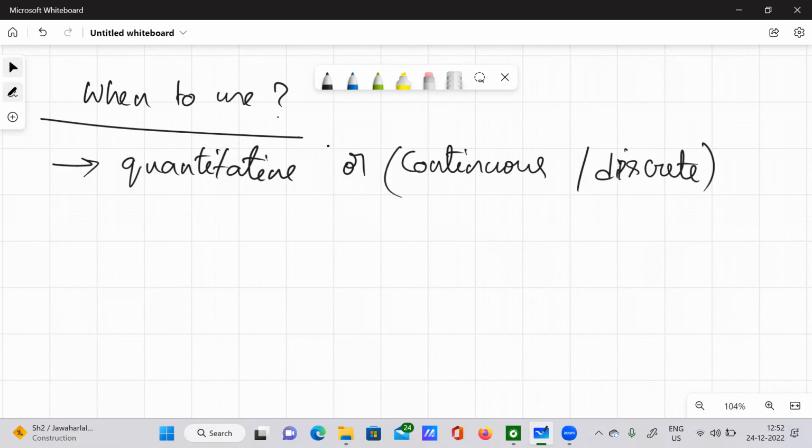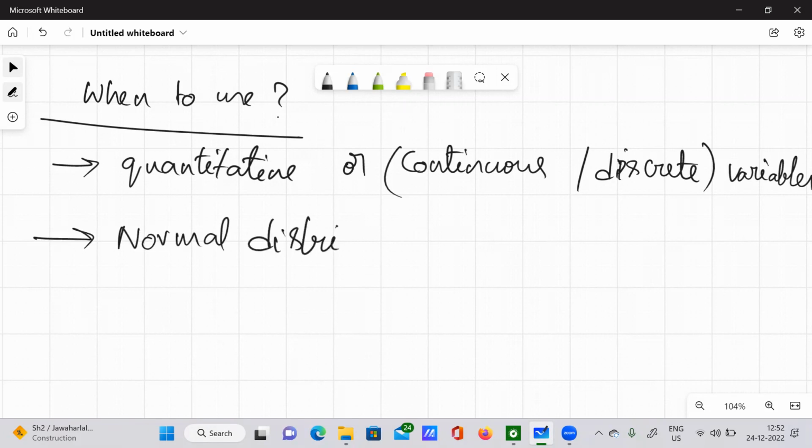Quantitative or continuous or discrete variables, you can use it on this particular data. Okay, and you can also use it over normal distributions.